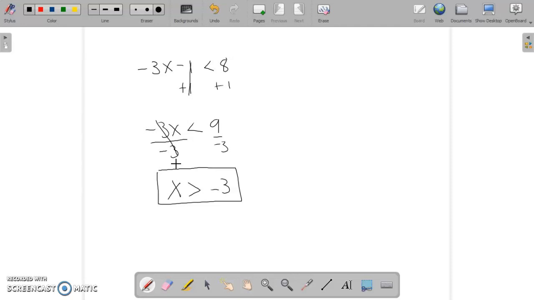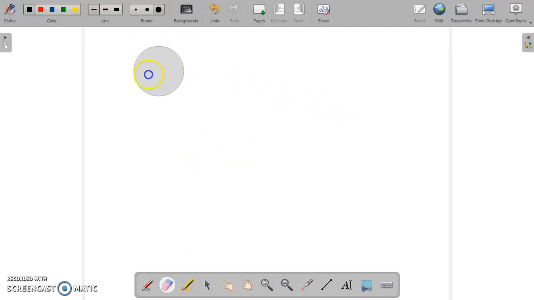But let's go ahead and do a couple more, all right? So let's see. Let's try another basic one. Here we go. We are now going to have, let me erase this, the next problem, which is negative 5x is greater than 10. So let's go ahead and begin.